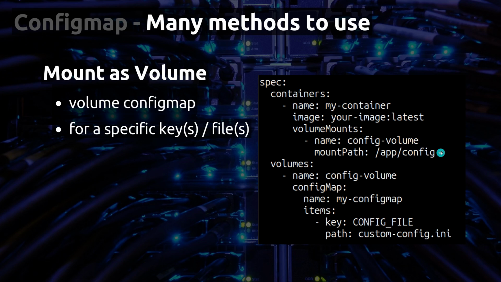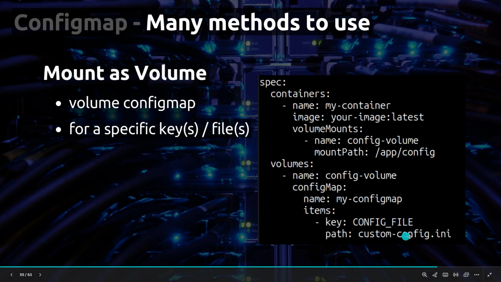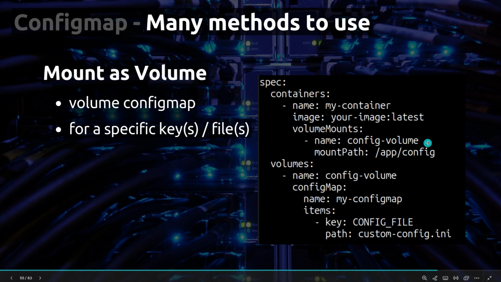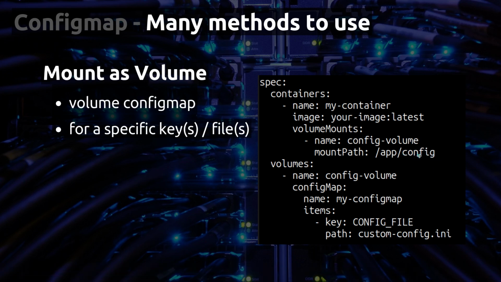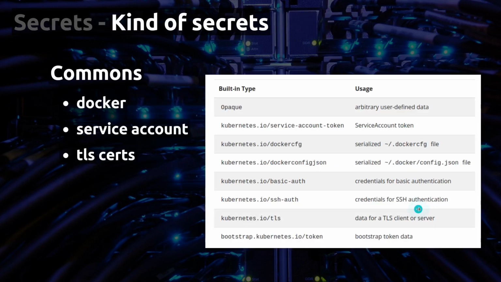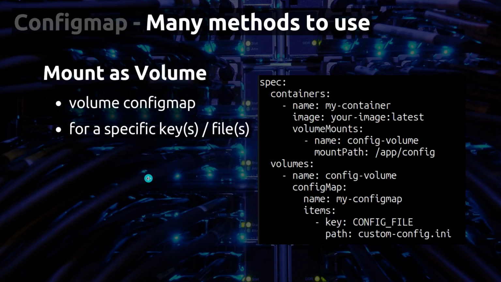So that means that we will have the custom-config.ini file inside the /app/config directory with the content of the config map and the key config file. So that's it for this part.